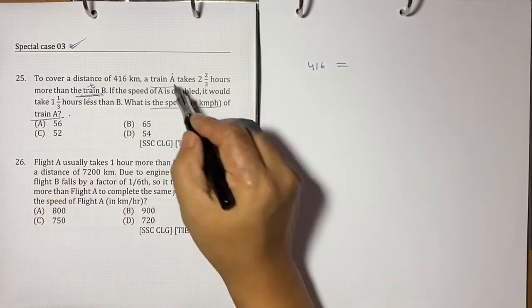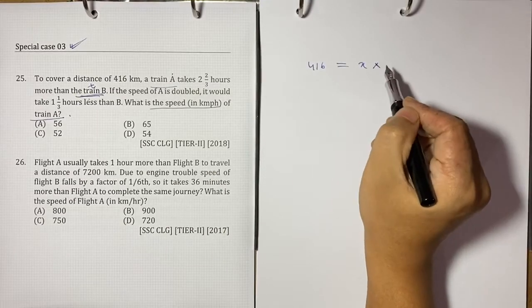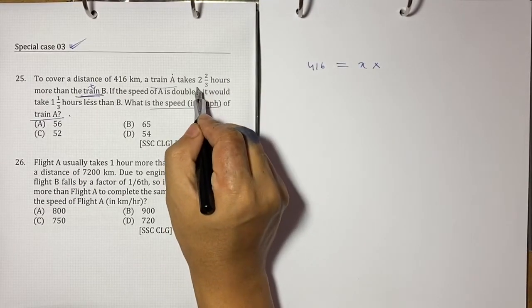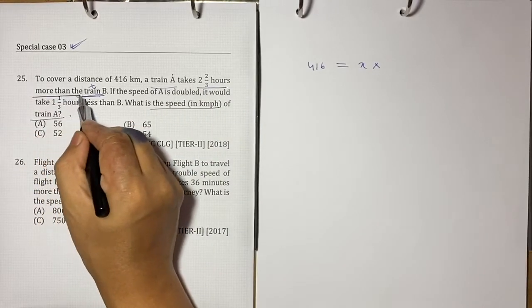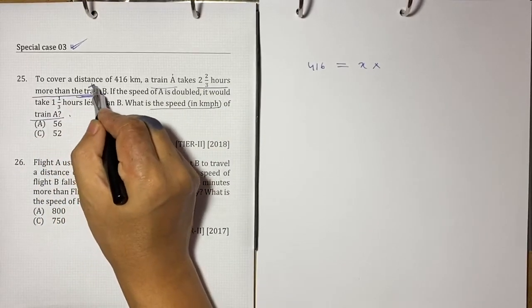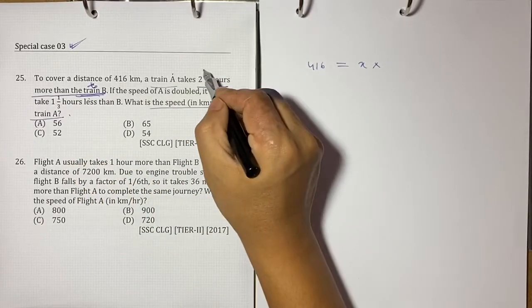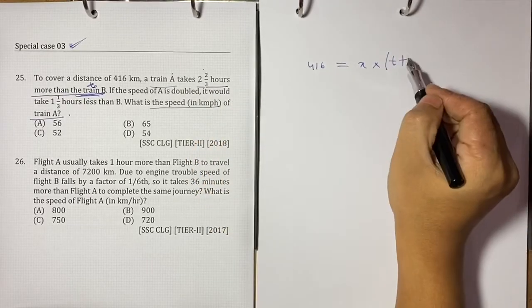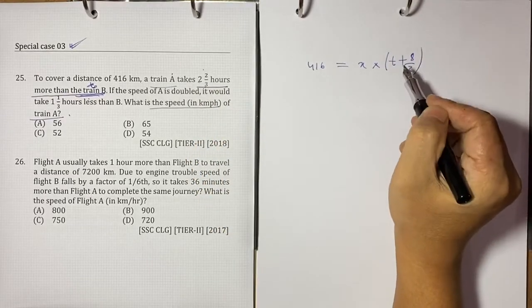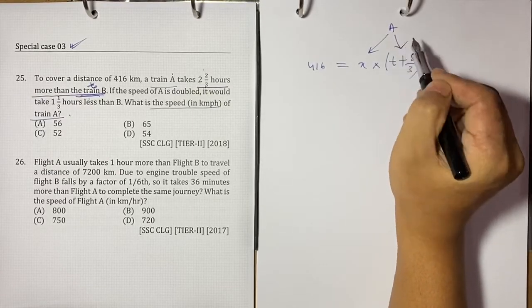Train A has a speed of x, into its time. It takes 8 by 3 hours more than train B. Compared to train B, whose time is t, train A's time is t plus 8 by 3 hours. This is the distance, this is the speed, this is the time.